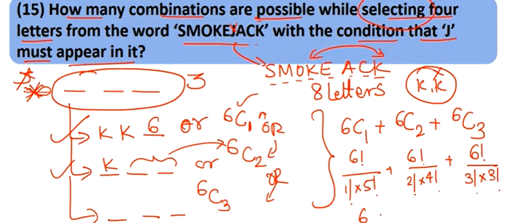This would be 6 plus 15 plus 20. That would be 41 ways it is possible to have J while selecting 4 letters from the word SMOKEJACK. See, we do not need any more formulas, just know the combination formula, just use simple common sense and we can solve the sum.